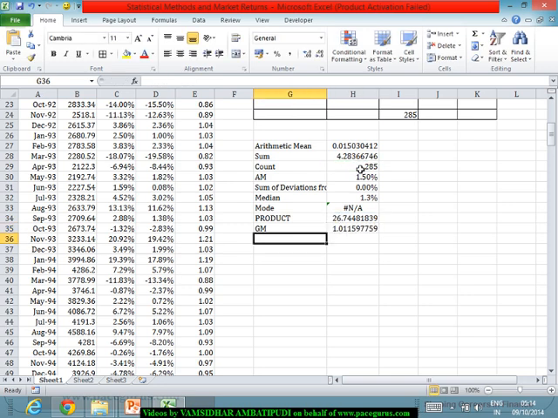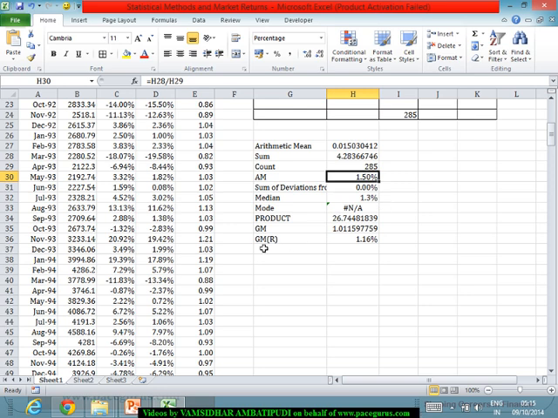So this is giving me the geometric mean of 1 plus R. But I want the geometric mean of R. So because I require the geometric mean of R and not 1 plus R, what I typically do is I subtract 1 from it. So this comes out as the geometric mean in my case, which is 1.16%, whereas the arithmetic mean was around 1.5%.